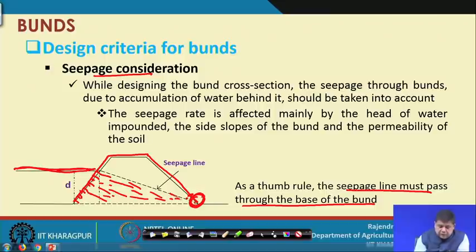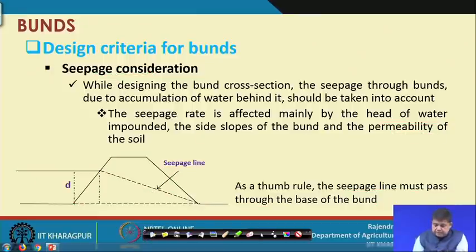Basically, the seepage is affected mainly by the head of water, the side slope of the bund, and the permeability of the soil. So, this head, the material of construction, and this side slope determine the seepage through the structure.